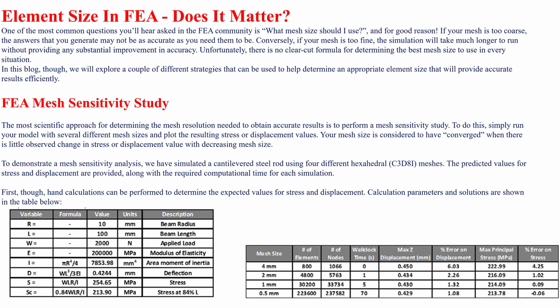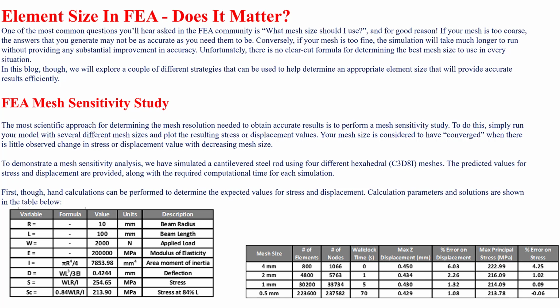We run the model with several different mesh sizes and plot the results for stress and displacement. There the mesh will be converged, where you get only a little variation with respect to stress and displacement.